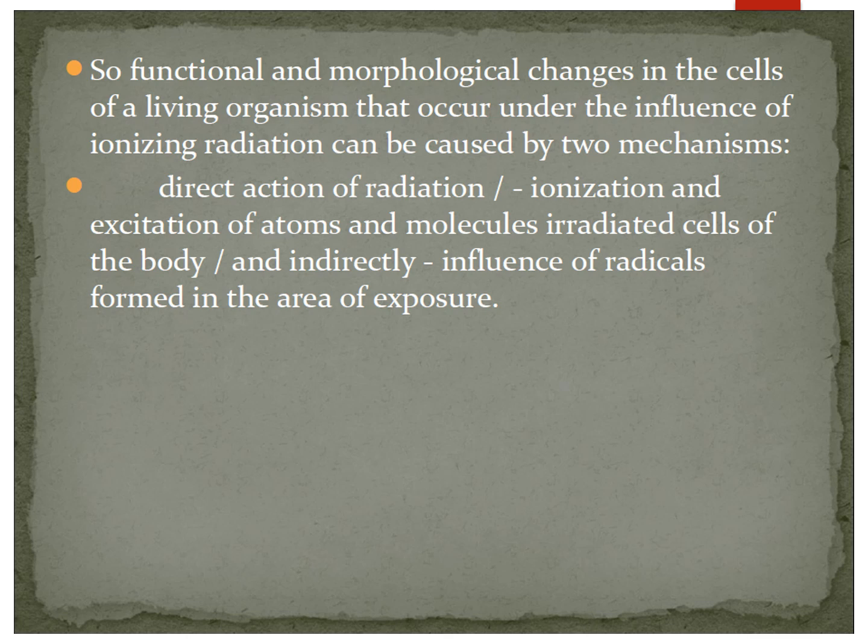So, functional and morphological changes in the cells of a living organism that occur under the influence of ionizing radiation can be caused by two mechanisms: direct action of radiation, ionization and excitation of atoms and molecules of irradiated cells of the body, and indirect influence of radicals formed in the area of exposure.